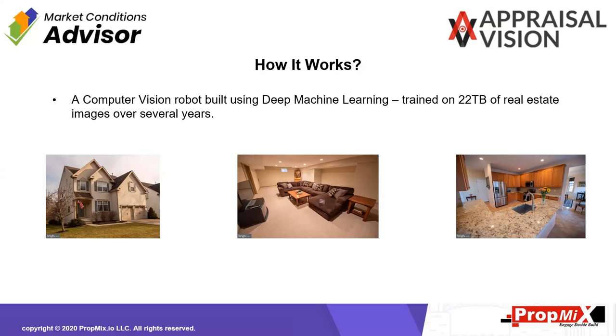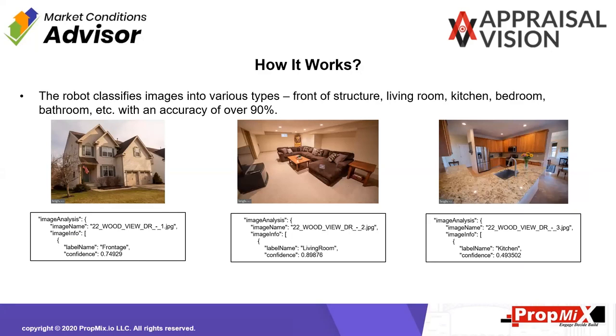All of those images, as they are loaded into our system, they're being looked at, they're being identified as a room type or a view of some sort, and then classified as such. So when we throw the images into our system, we're going to classify it as types of images such as the front of a structure, a living room, a kitchen, a bedroom, a bathroom.